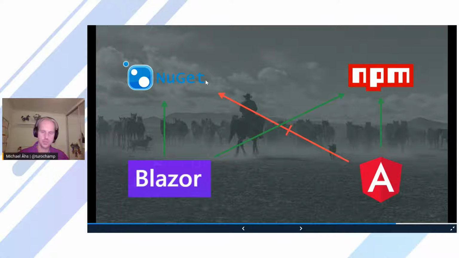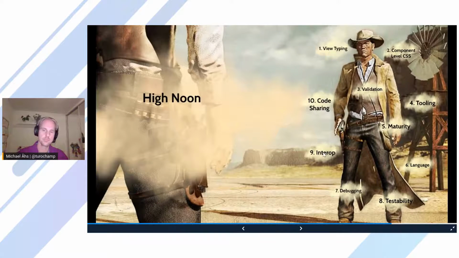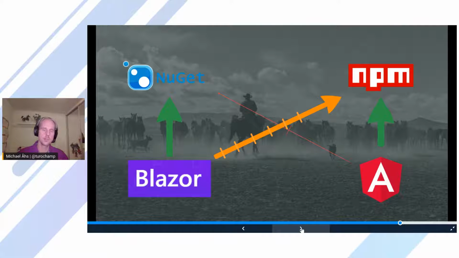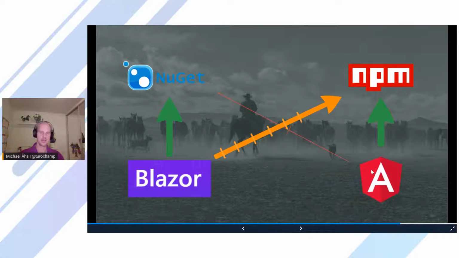So this looks like a Blazor win, but actually it's not like that because, oops, I'm going in the wrong direction. Whoops. What's going on? Because in actuality, it's like this. There's no reason for an Angular developer to start using things in NuGet. Everything you could possibly need is in npm.